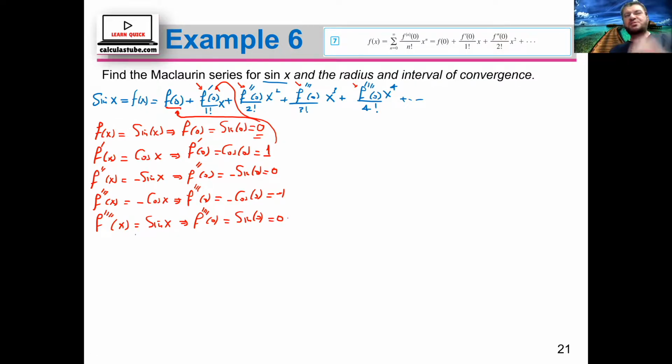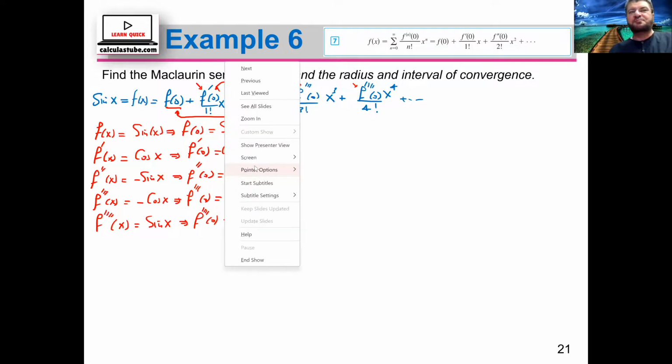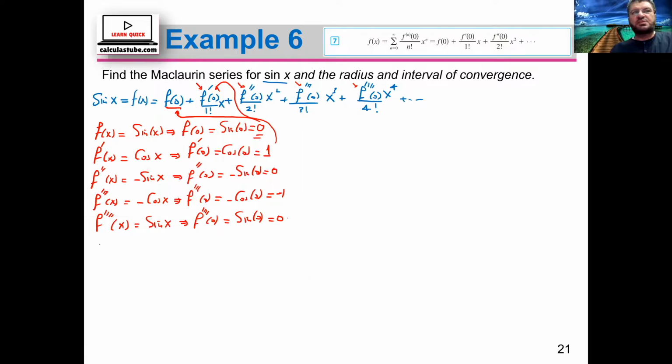Four is good enough. Now let's go back to our function. Therefore, we go to the function we started with, sine x. What is it equal to? It's f of 0, which is 0. So the first term is 0, guys. The second term is 1. f prime of 0 is 1, so it's plus 1 over 1 factorial times x. Let's go to f double prime, which is here. f double prime is a 0, so this one goes in here.